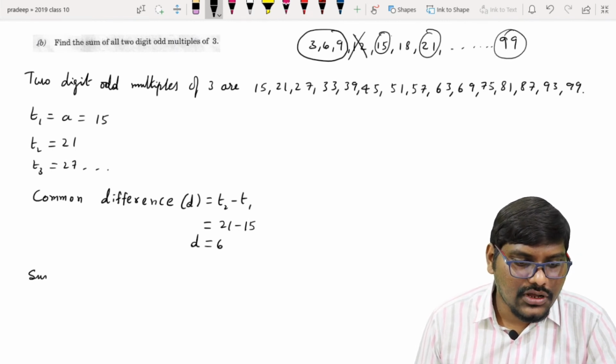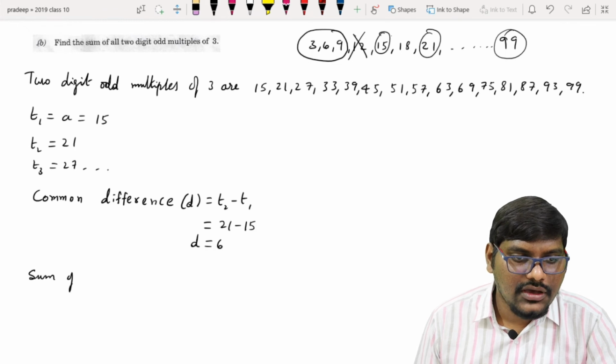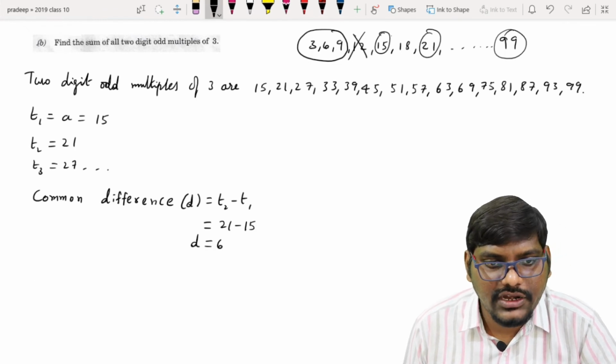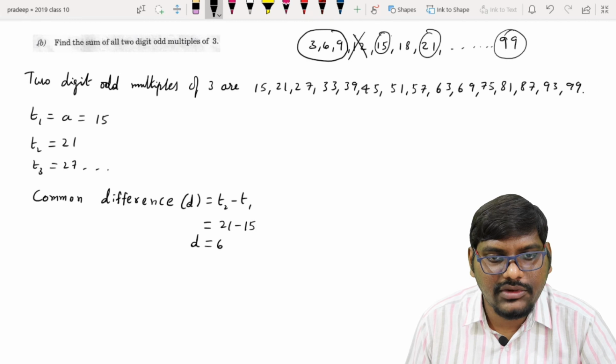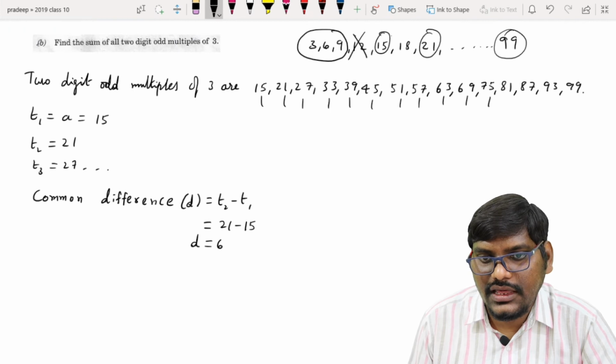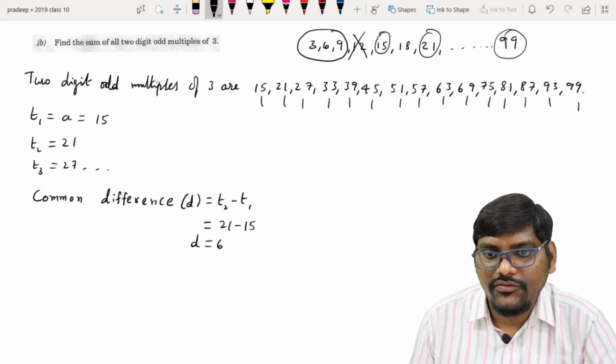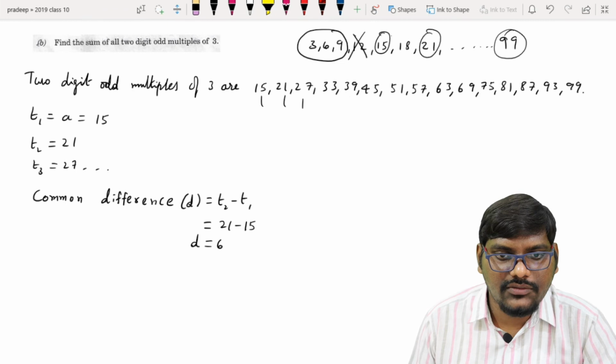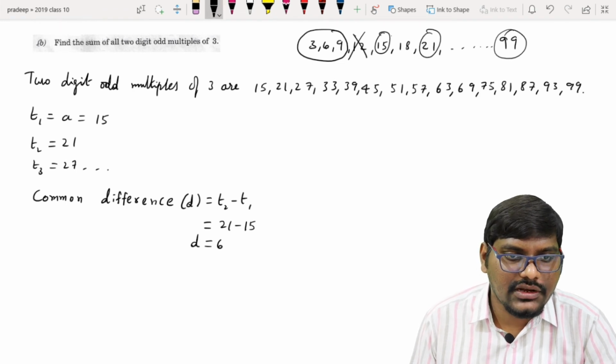Before that we have to see how many numbers there were: 1, 2, 3, 4, 5, 6, 7, 8, 9, 10, 11, 12, 13, 14, 15 terms in total. So n is 15.